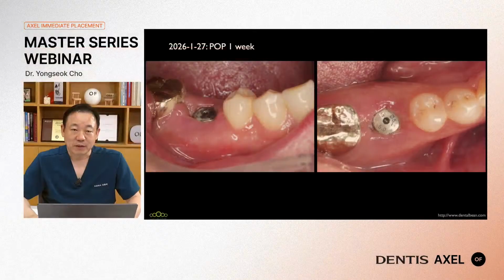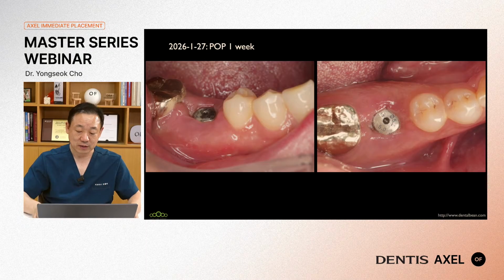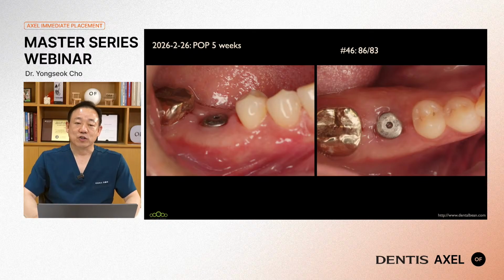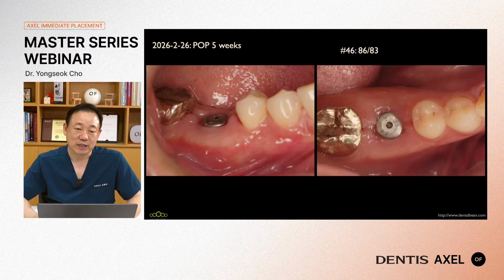One week after the implant placement, we can see nice soft tissue healing. It contracted well and there is no sign of inflammation. Five weeks later, the ISQ value increased to 86, 83.